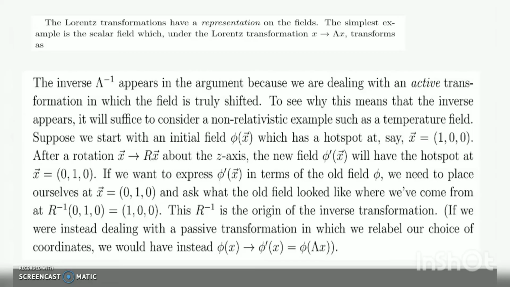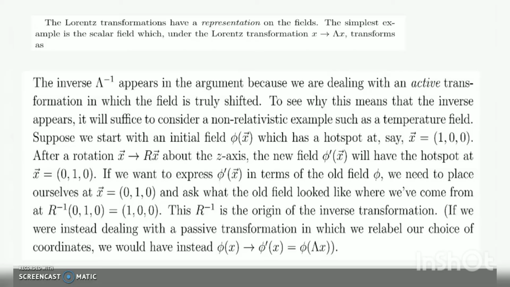So the inverse \Lambda^{-1} appears in the argument because we are dealing with an active transformation in which the field is truly shifted. To see why this means that the inverse appears, it helps to consider non-relativistic examples such as a temperature field.